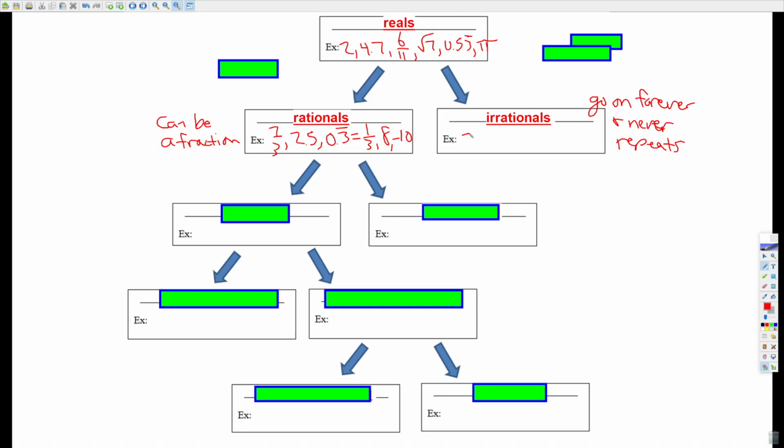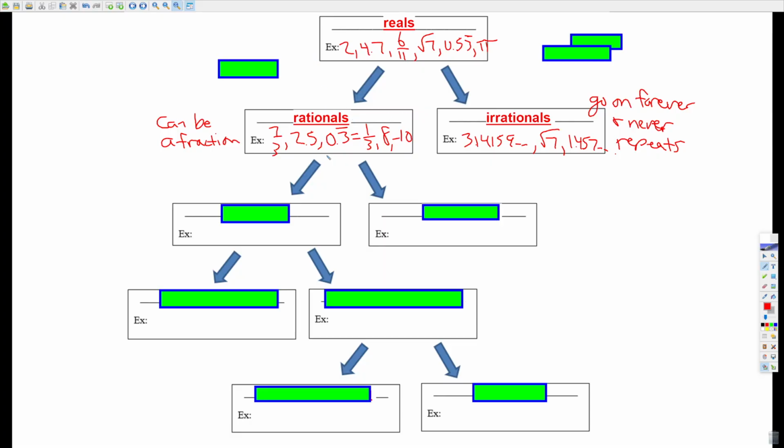So for instance, pi is 3.14159 ... goes on forever. Other weird ones would be like the square root of 7, like I had up there. That's a long decimal. It's like 2.7, 2.8 something. But if you put it in the calculator, you get a really long decimal. Or you can just make one up on your own. If you said it was like 1.457 ... that tells me that it's going on forever, but there's no pattern. So irrationals versus rationals, a lot harder to come up with irrational numbers, that's for sure. So we're breaking into those two categories.